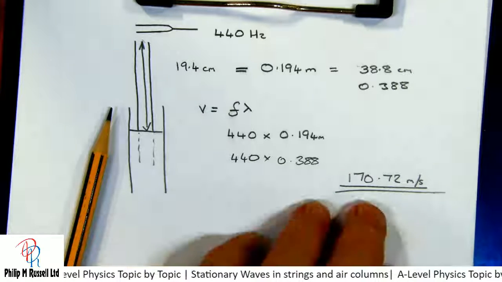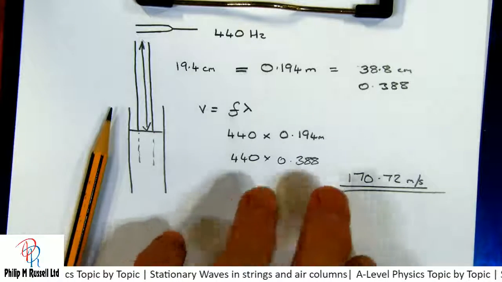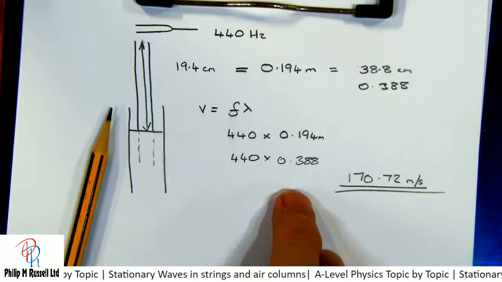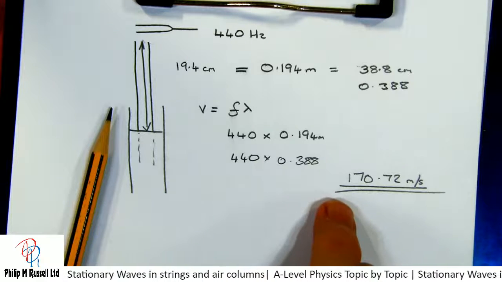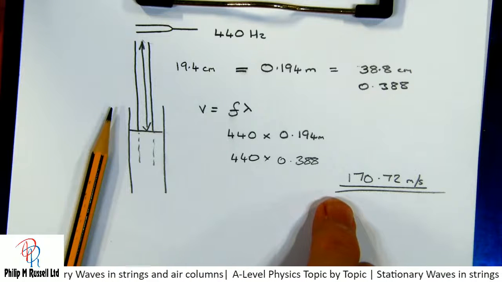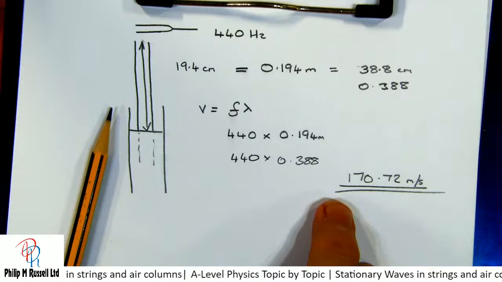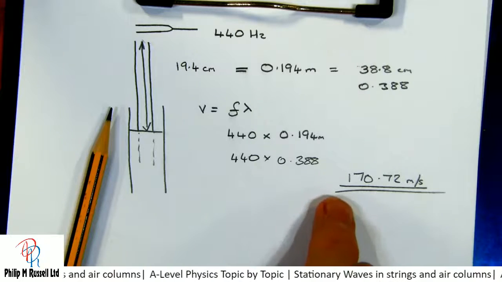What we can do better is to try a whole series now of different tuning fork frequencies, and we can try different lengths of air column, and we can see what we've got here. What we should get is some idea of what's going on.